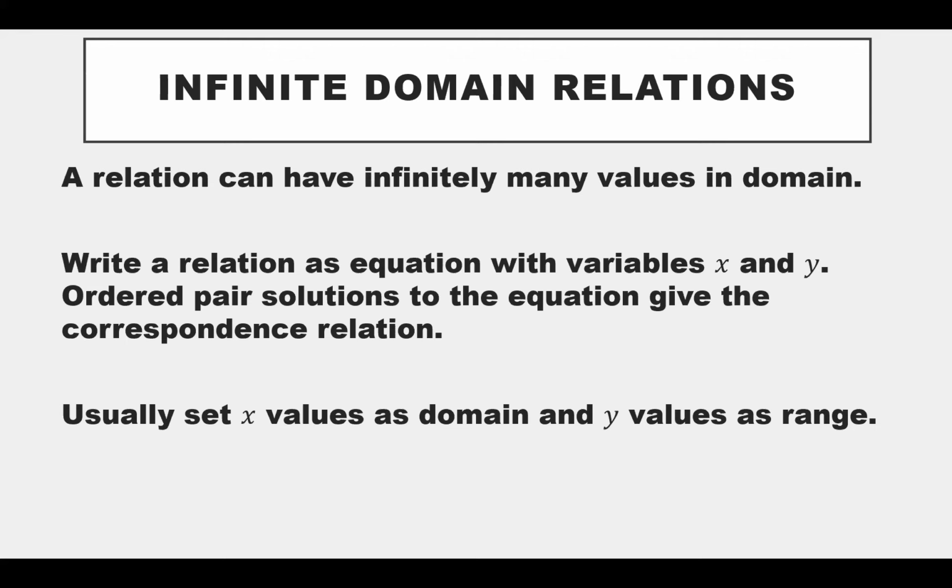Or what if we have just infinitely many values in our domain? We can't list them all out as ordered pairs. And oftentimes, if we have infinite domains in our function, we can write the relation as an equation with variables x and y.